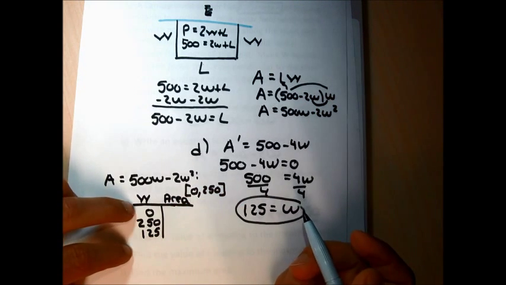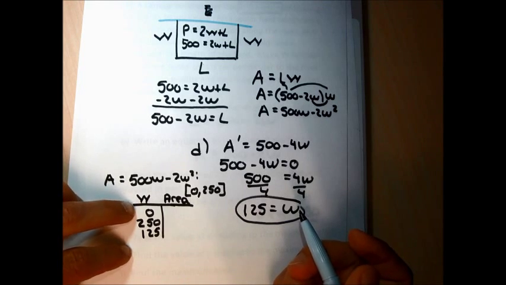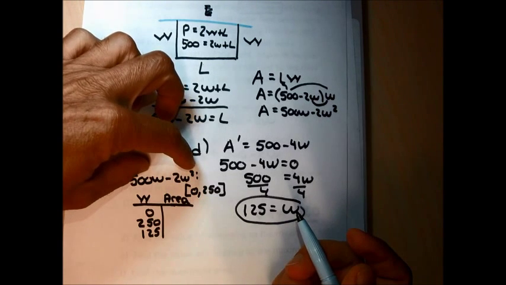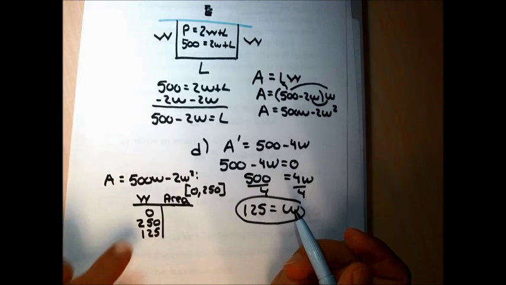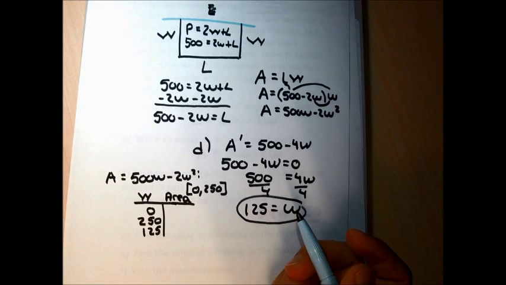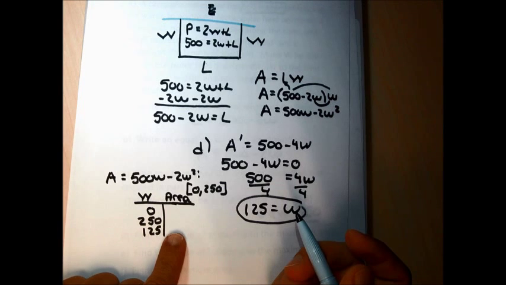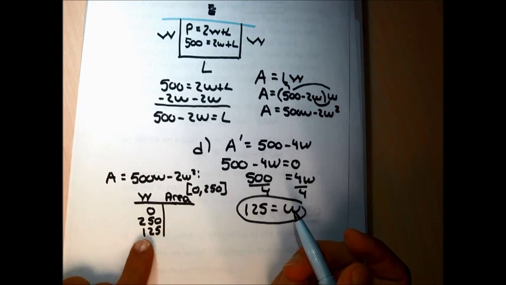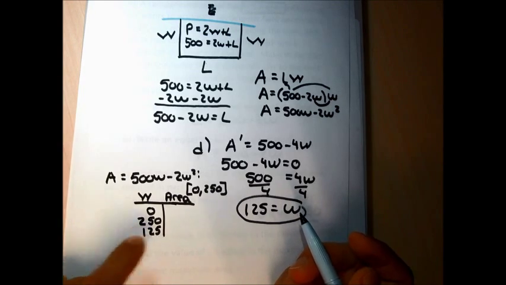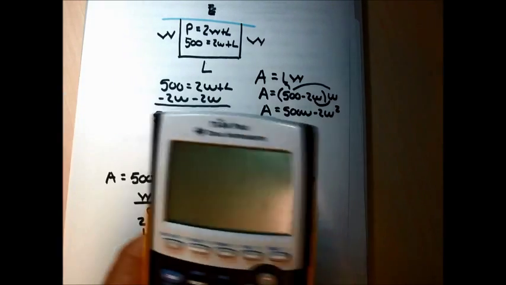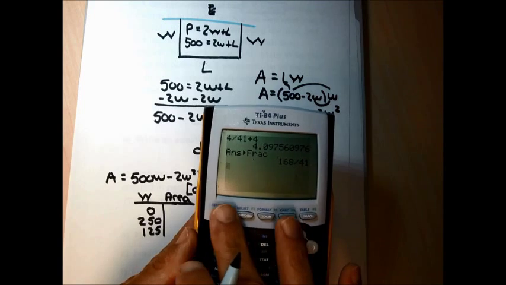So what I'm going to do is take these three values, plug them into the area function before I took my derivative, and get the Y values. I'm trying to find the absolute maximum. The Y value that has the largest number is going to be the maximum area that I can enclose. The corresponding X value is going to be the width that gives me that area. So I'm going to need to enter this function on my calculator.